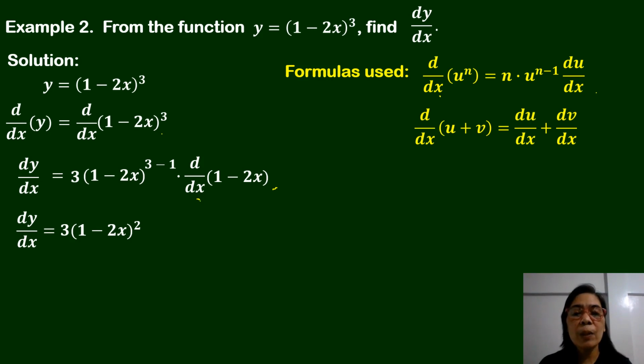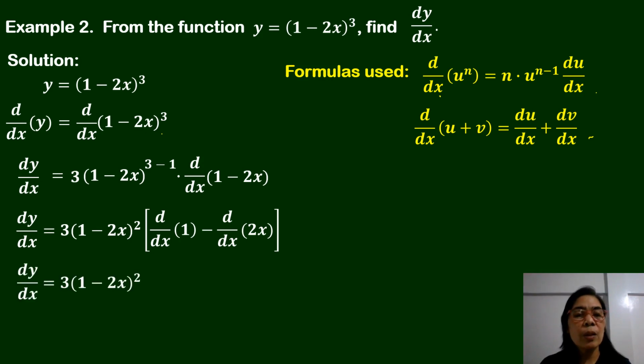We have here the derivative of two terms, 1 minus 2x. So applying the right side of the formula, the derivative of a sum is equal to the derivative of the first term plus the derivative of the second term. So this will give us now the derivative of 1 minus the derivative of 2x.